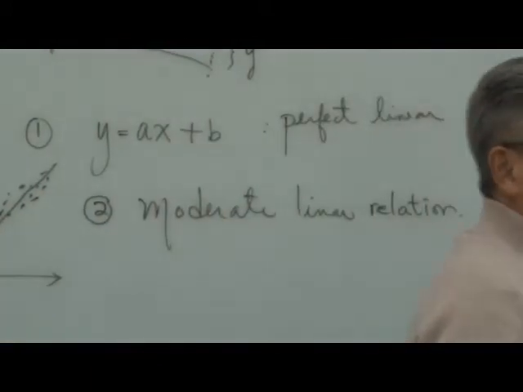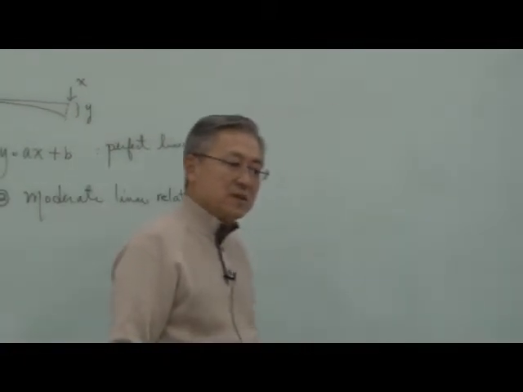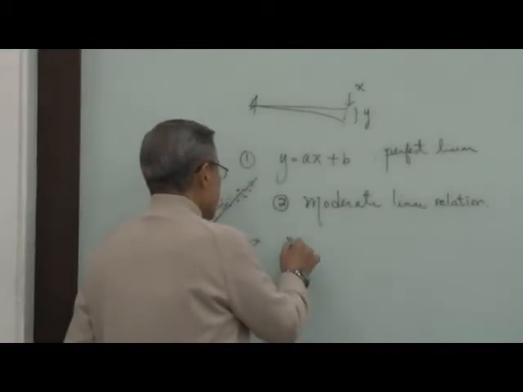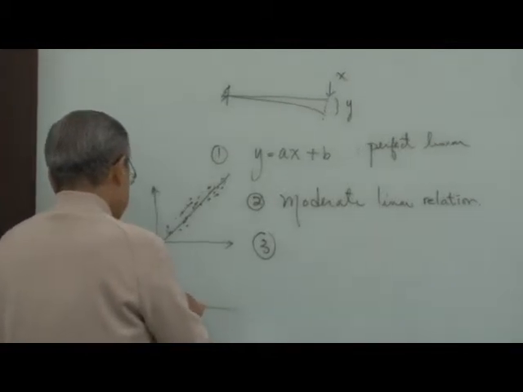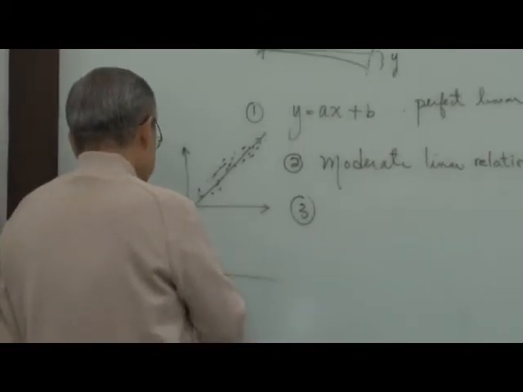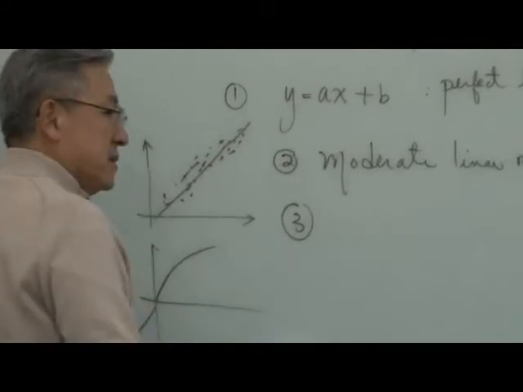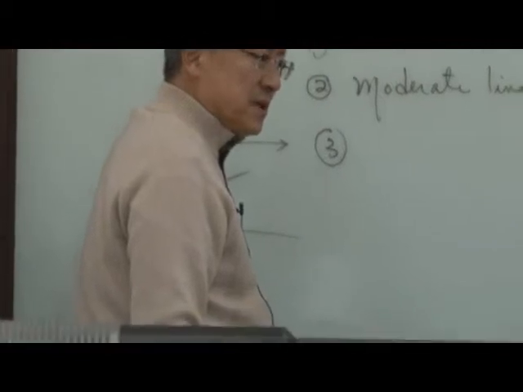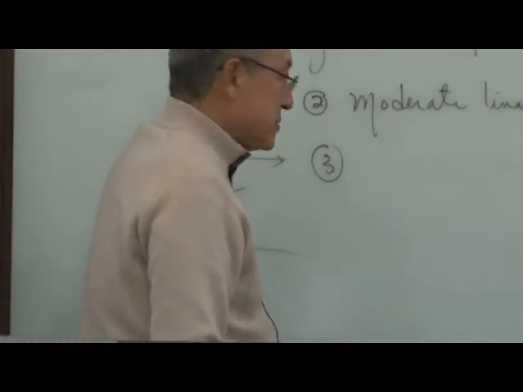So the third is kind of a perfectly linear, the nonlinear. The third is functional. It has a functional relationship. You can write the equation, not a linear equation, a nonlinear equation.